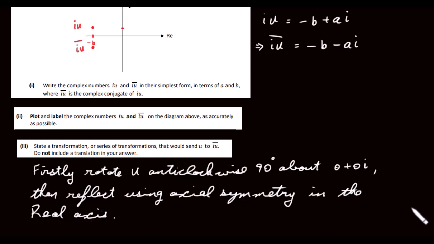Firstly, you rotate u anti-clockwise 90 degrees about the origin, then reflect that point in the real axis using axial symmetry. And that should do it for us, I think. State a transformation or series of transformations that would send u to iu conjugate. Yeah, that would be it. Okay, so that's really it for this question.